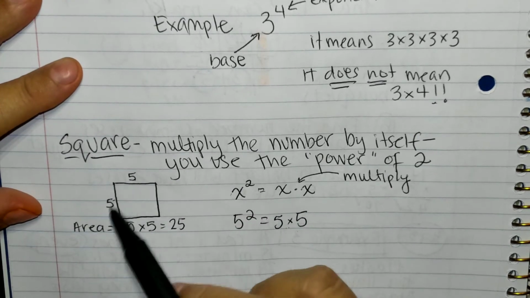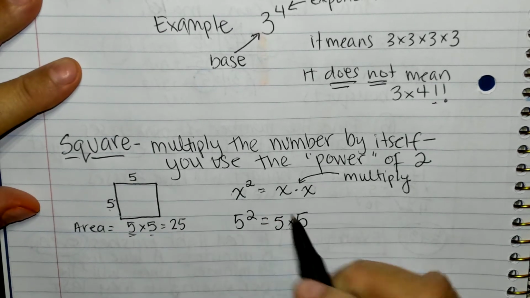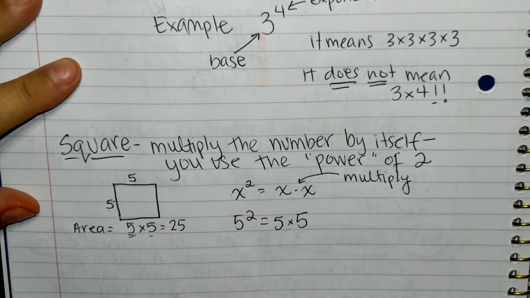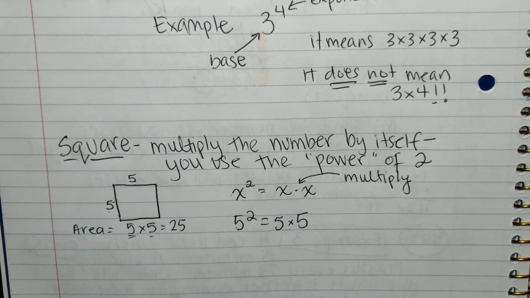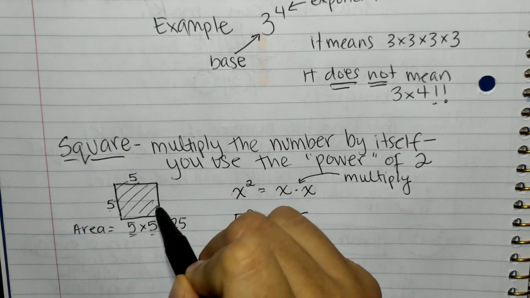And because we're multiplying that same number twice, it gives us 5 squared. And that means this whole part here, the area, 5 times 5.